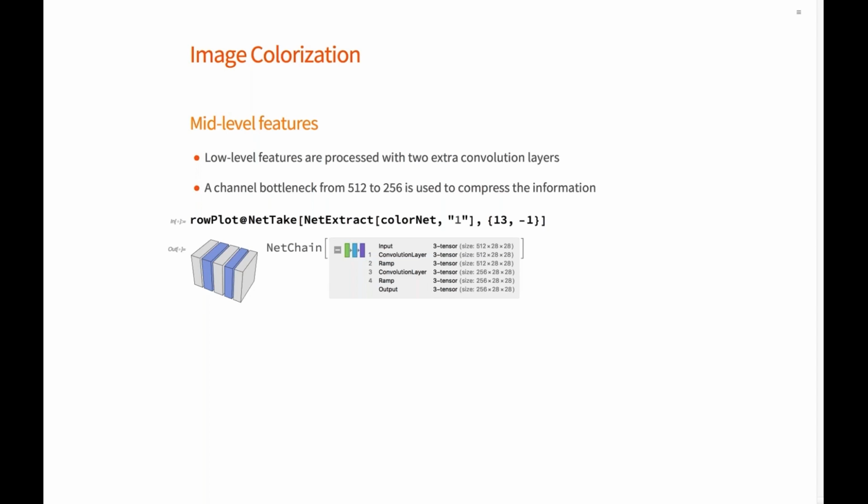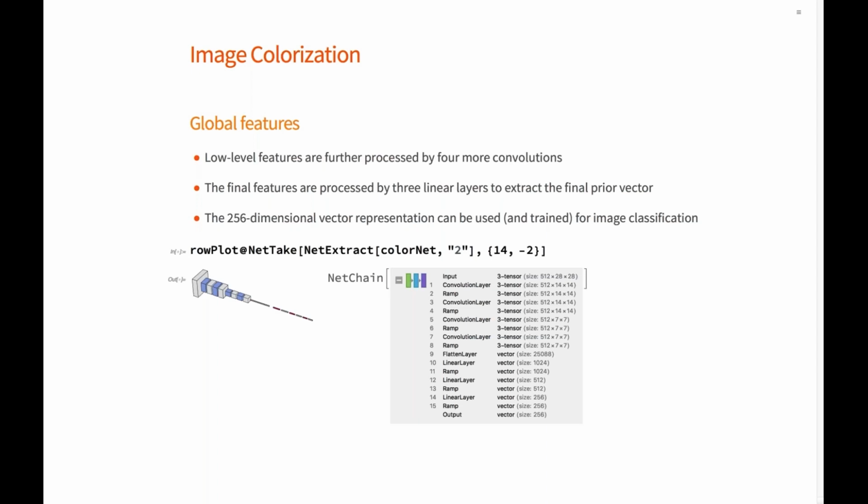One thing to notice is that in this model, we are compressing not in the spatial domain, but in the channel domain. So basically, all the information that comes to these 512 channels is compressed to 256. This enforces an information compression and distills the information. Then we have the global feature, which is a slightly smaller convolutional network, followed by some standard classification done via a linear layer.